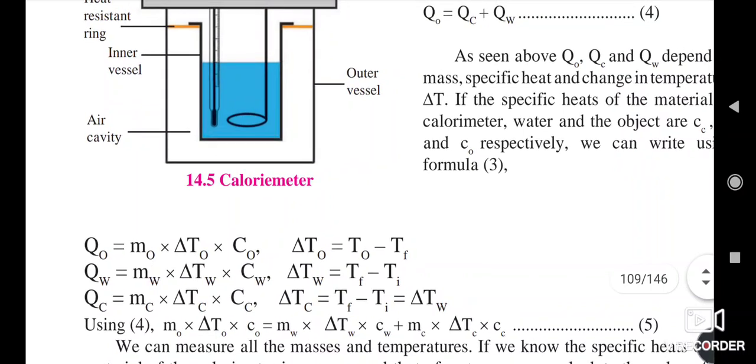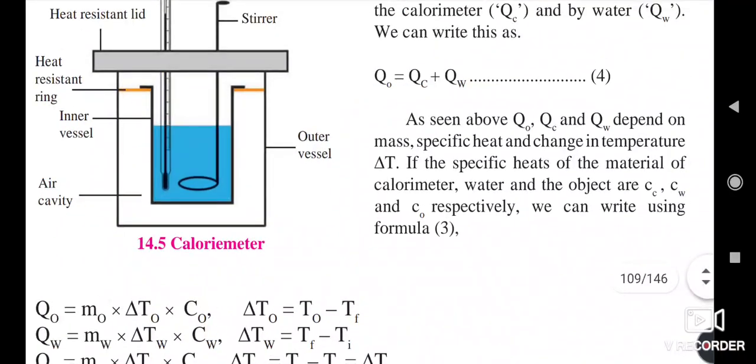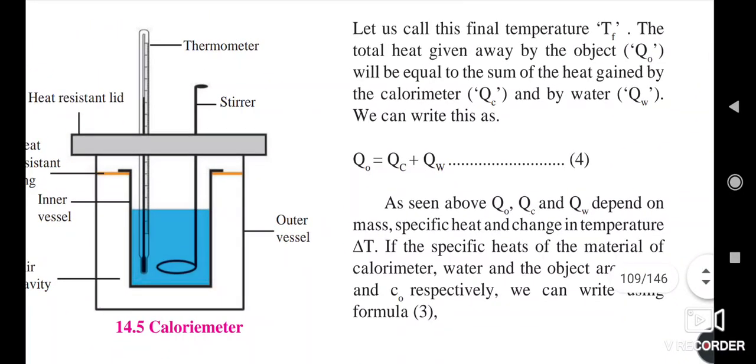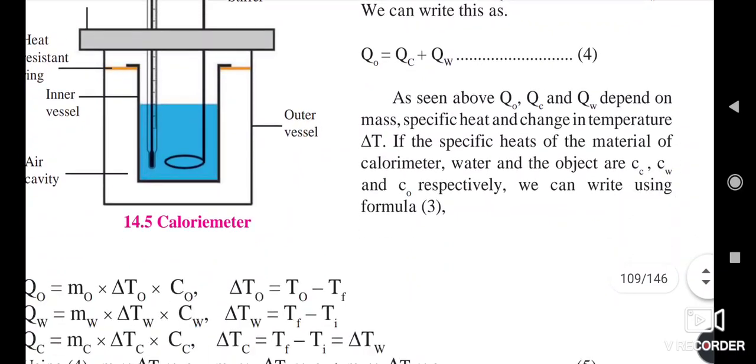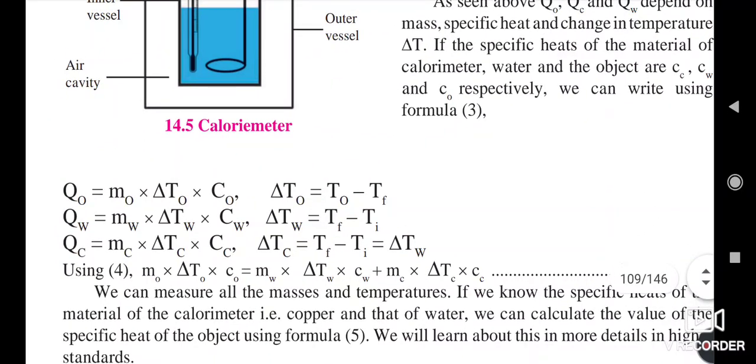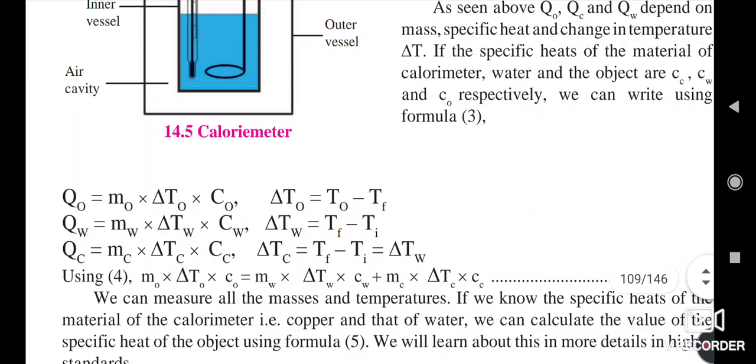that the amount of heat is equal to the mass of the object into delta T, the change in the temperature of the object, into the specific heat of the object.